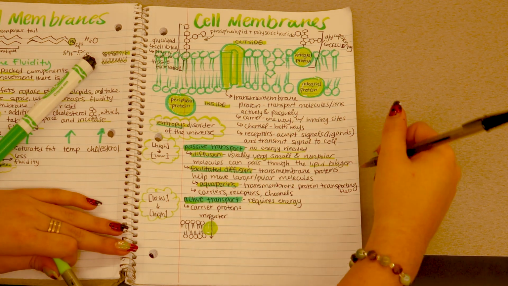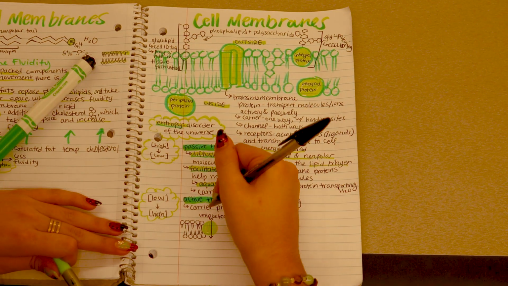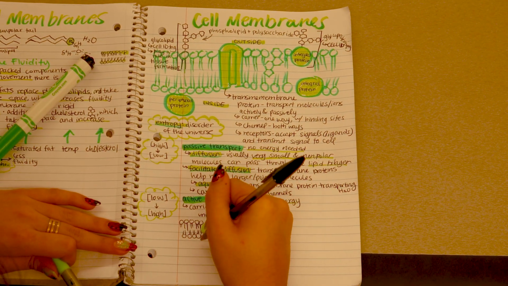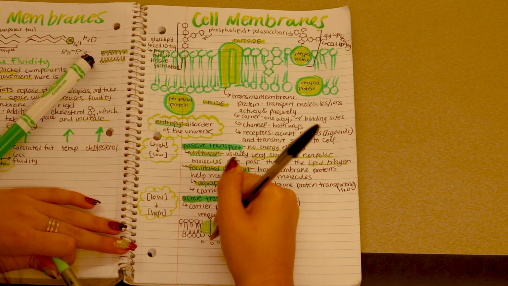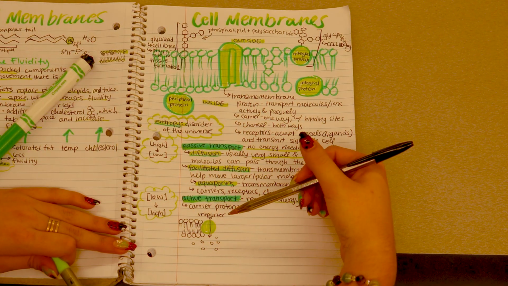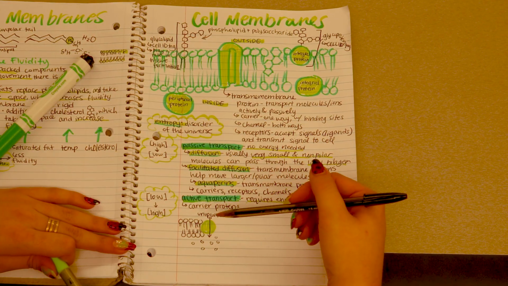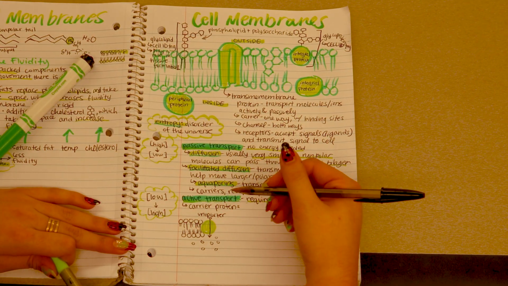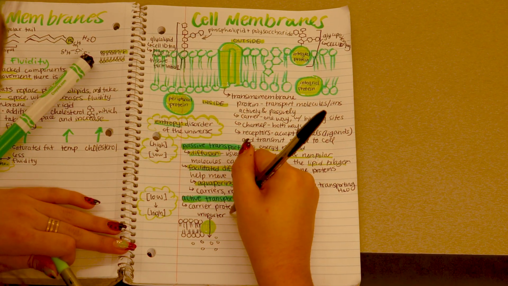We're going inside, and there's a lot of stuff in here already. So we're going against the gradient. That's difficult. That requires energy. So what a uniporter is doing is transmitting one molecule against the concentration gradient, one at a time.